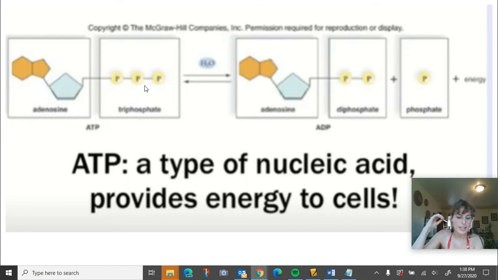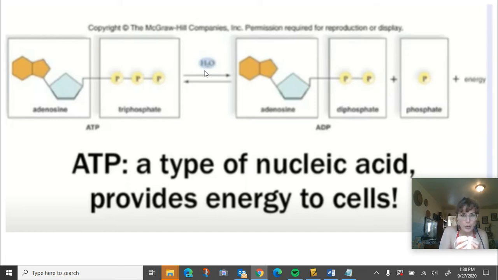You get 7.3 kilocalories of energy every time you break off one of those phosphates. And hopefully you're thinking, when you break off a phosphate, how do we do this? Well, let's look. Hopefully you're immediately thinking back to that process whereby we wedge in a water molecule and we are able to break bonds.